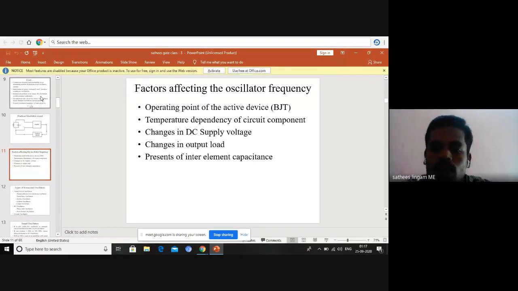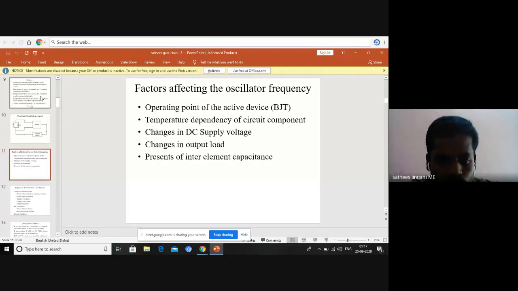Then the presence of inter-element capacitance. Mostly you are using FET, field effect transistors. Somewhere for an oscillator circuit you may design with a FET or MOSFET transistor. Then inter-element capacitance means the capacitance created between the gate and source.